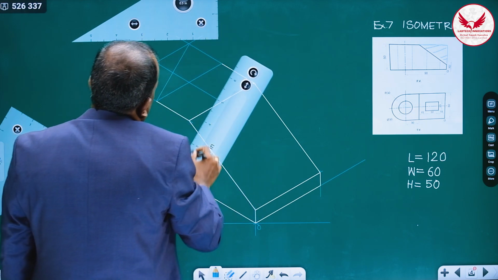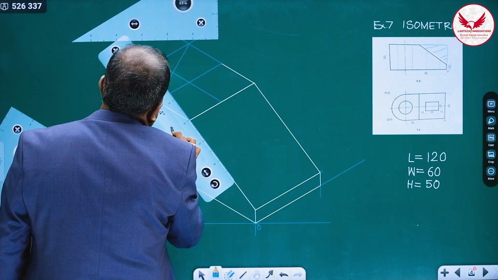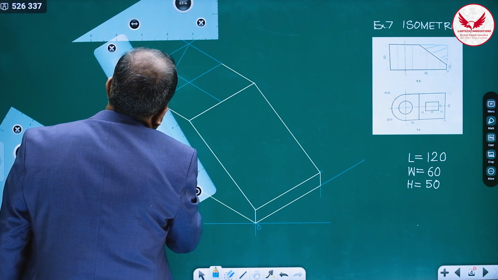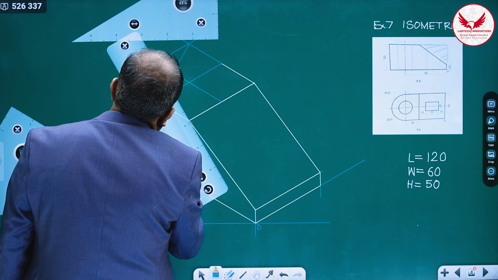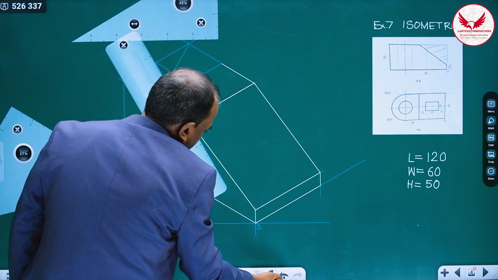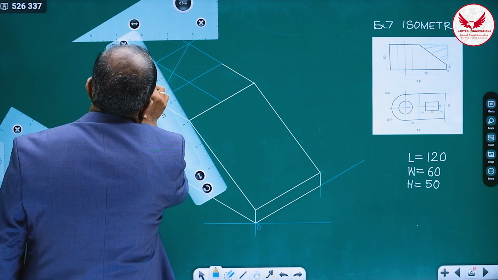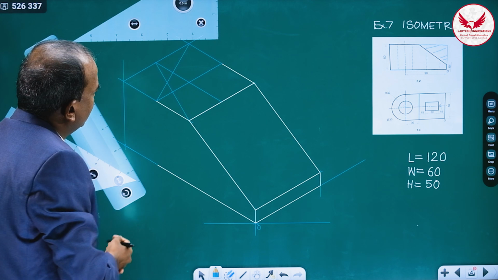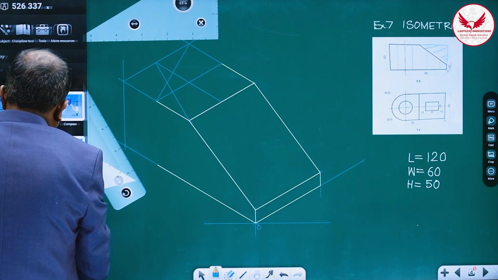Similarly, from this center, I'll join the midpoint of the opposite side like this. Midpoint of the opposite side. We'll get an additional center, and these two centers are enough for drawing the semicircle.